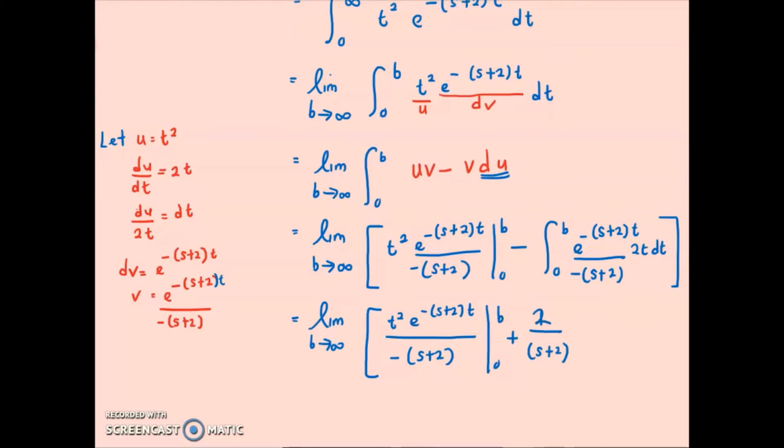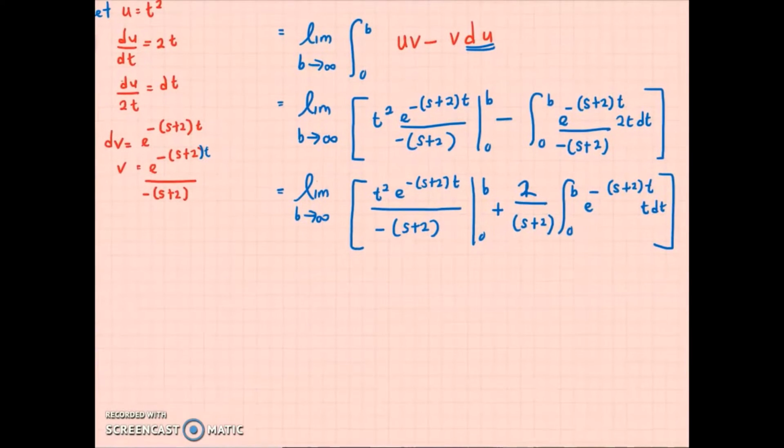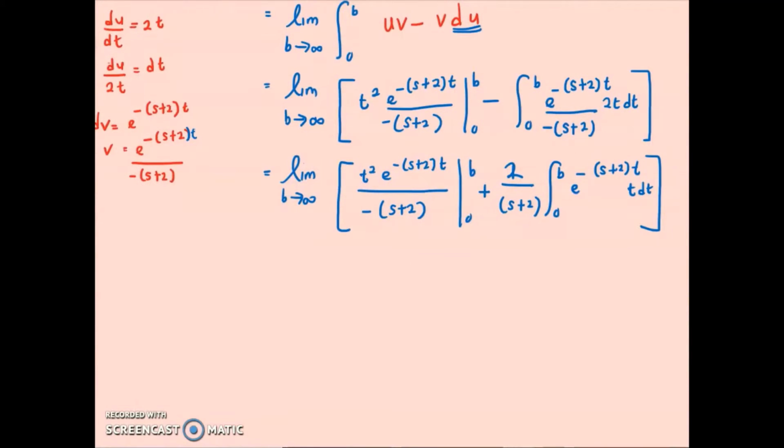Yeah, I can take out 2. That will leave me the integral from 0 to b of e^(-(s+2)t) t dt.